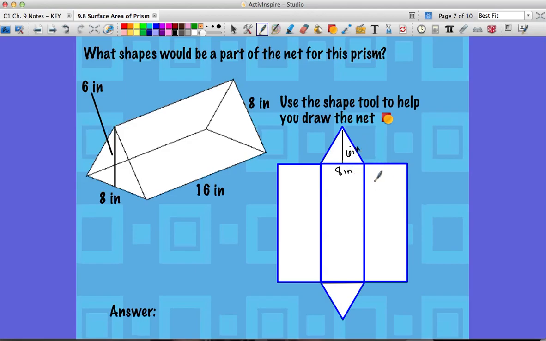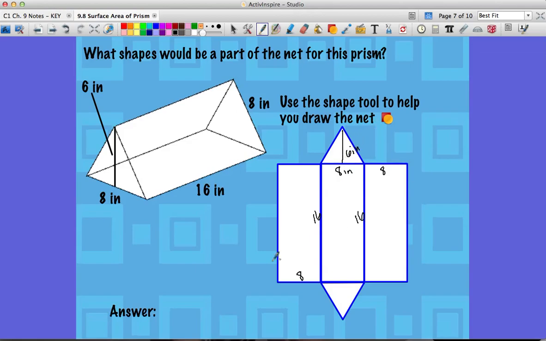So then we know that this is 16 inches because it shows us right here. Now, I know it's difficult to want to use the height here. However, you have to remember this is an equilateral triangle, so therefore this side is going to be the same as this side. So this rectangle over here is also going to be 16 by 8, and this one is going to be 16 by 8.